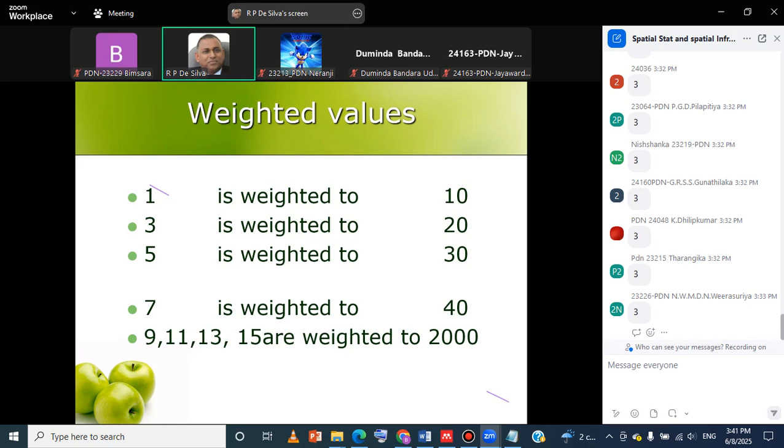So basically what he is saying is, I want to avoid 9, 11, 13 and 15 unless it is impossible to avoid because it's very costly, right? So if you take down these numbers: 1 is 10, 3 is 20, 5 is 30, 7 is 40. All the others from 9 to 15 are 2000.